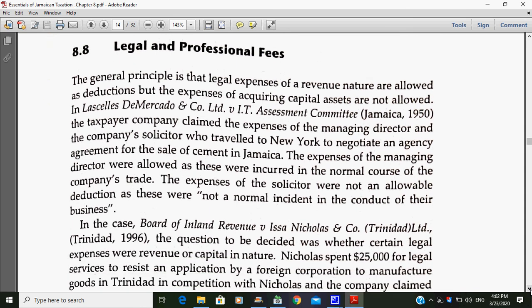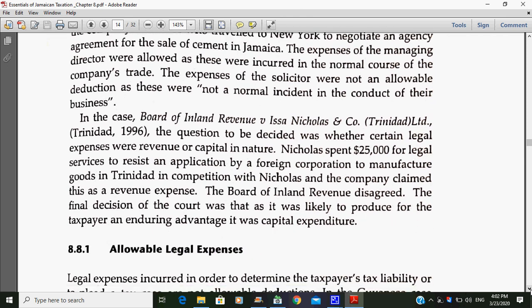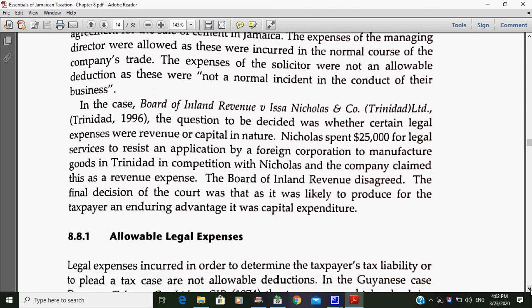In the case of Inland Revenue versus Issa Nicholas, the question to be decided was whether certain legal expenses were revenue or capital in nature. Nicholas spent $25,000 for legal services to resist an application by a foreign corporation to manufacture goods in Trinidad in competition, which Nicholas and the company claimed as a revenue expense.